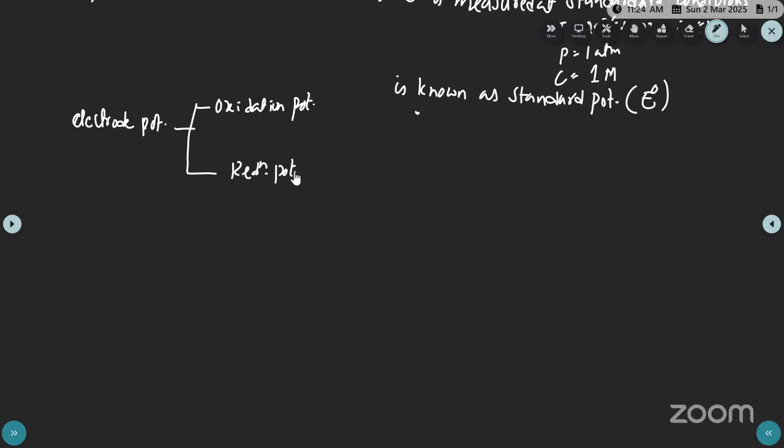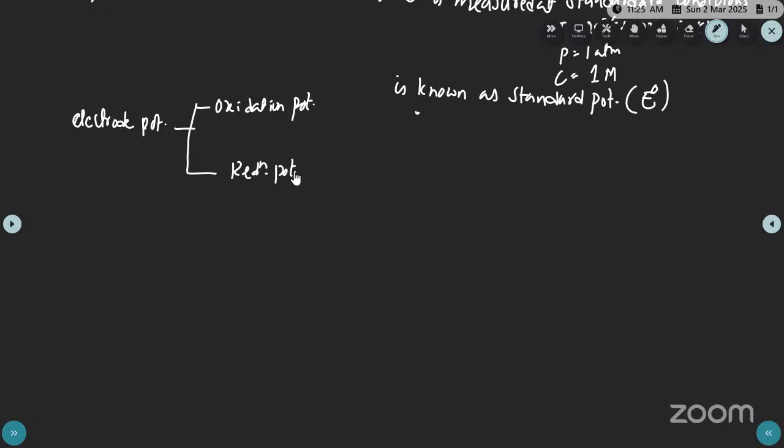And what is oxidation potential? The potential of the electrode at which oxidation reaction takes place is known as oxidation potential.